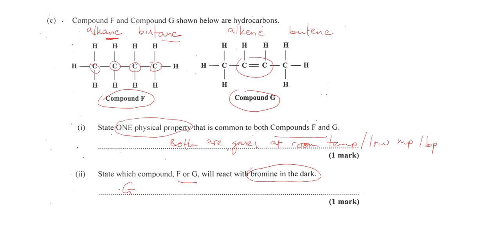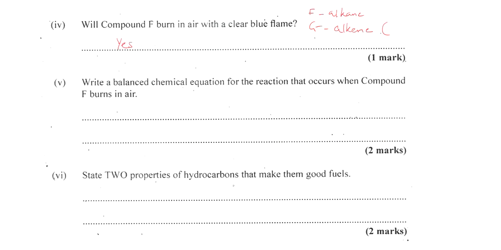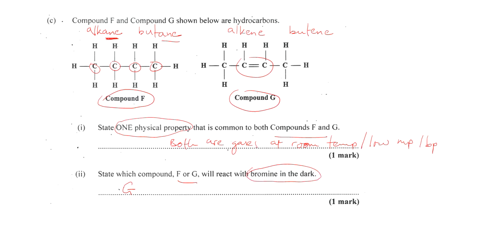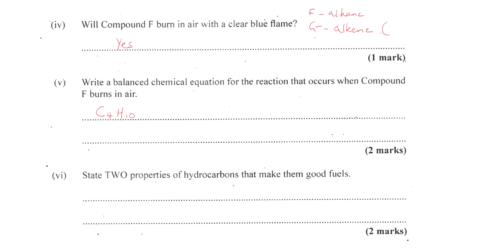Alright, so F was butane, right? So that's C. Okay. Alright, so butane is C4H10. We can double check that. We have 1, 2, 3, 4 carbons, and we have 10 hydrogens, so it's C4H10. And we're going to burn that in oxygen.